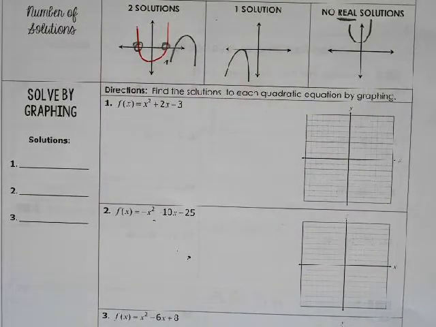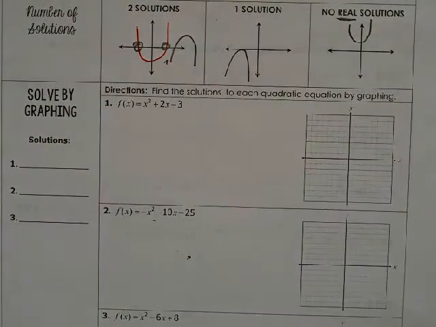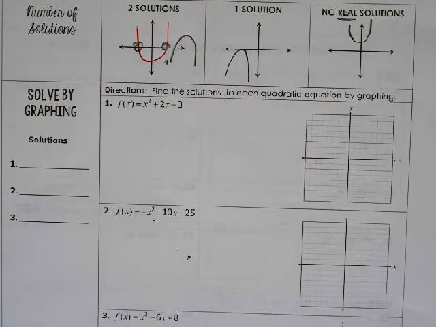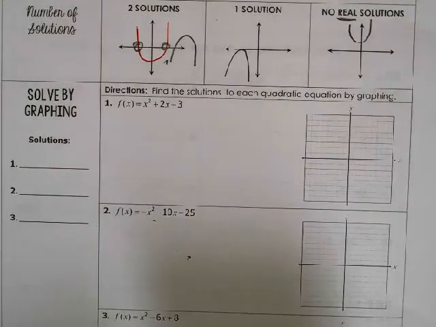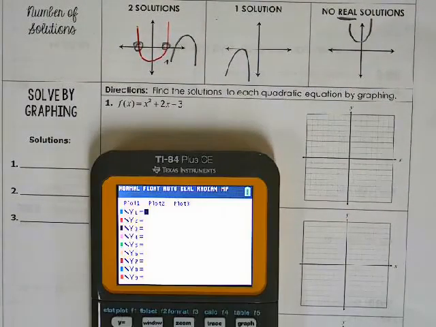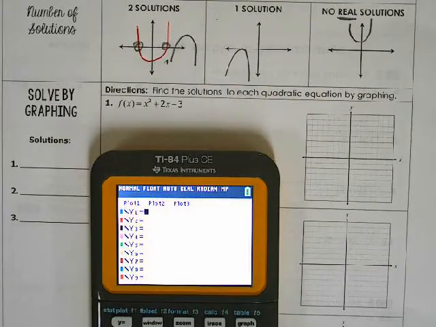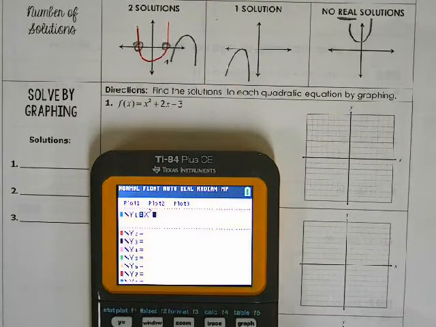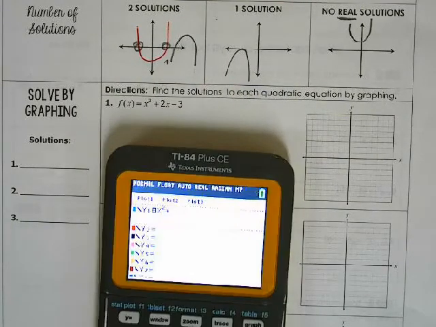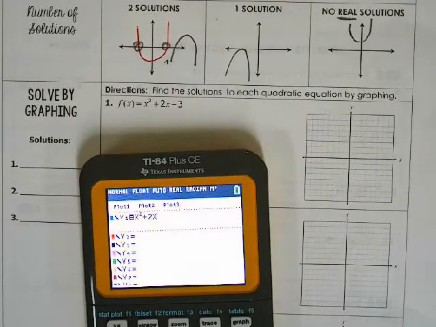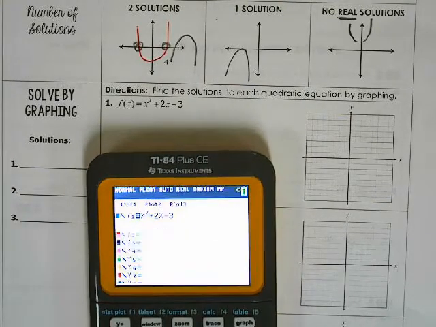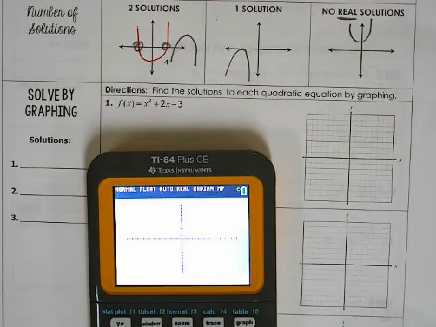So, solve by graphing. Pull out your calculators, your phone, whatever it is you use to graph. I go y equals, and then I say x squared plus 2x minus 3. I graph that.